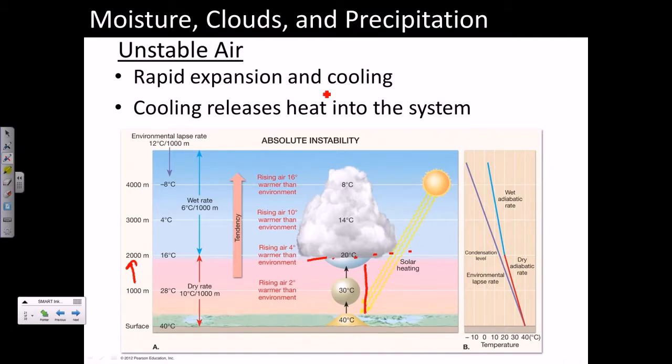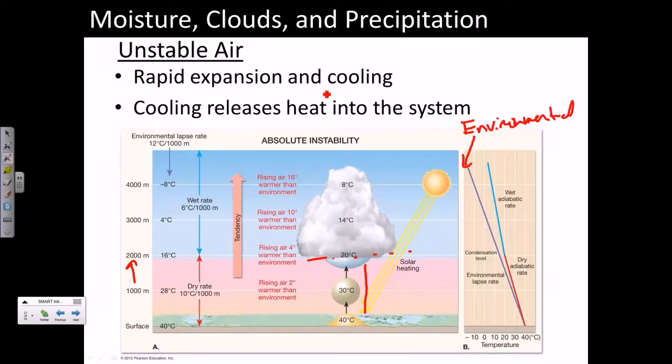But what's the big difference here? The big difference is that the environmental rate, which is shown in purple, is always less than, in this case, the wet and the dry adiabatic rate.